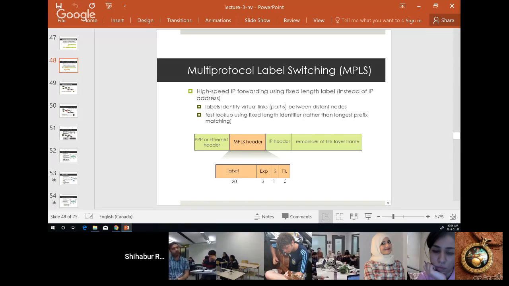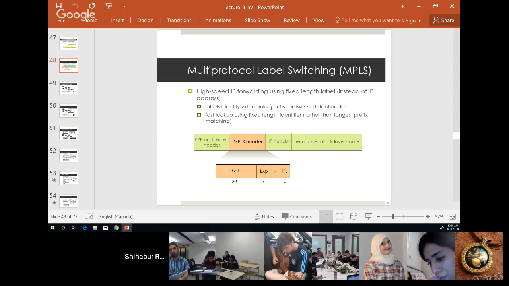Remember, how does IP forwarding work? You have a switch, it receives an IP packet, and this IP packet has an IP header, and in the IP header you have a destination IP address. So far, so good? So what are you going to do? You extract this destination IP address, and then you look up the routing table for it. Yes or no? Okay. So you have a routing table indexed with destination IP address.